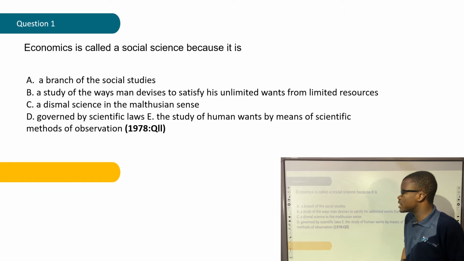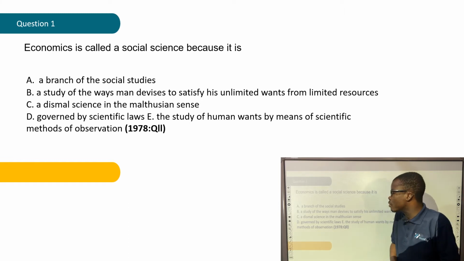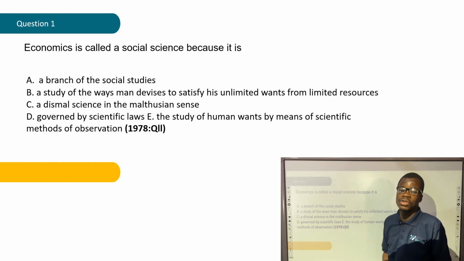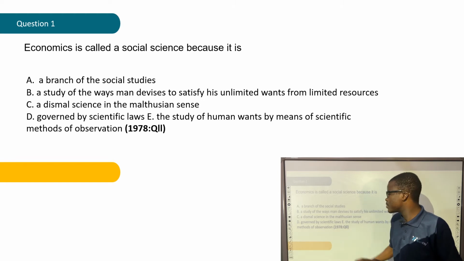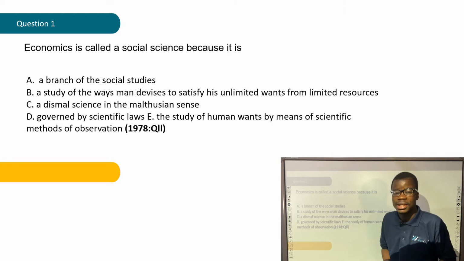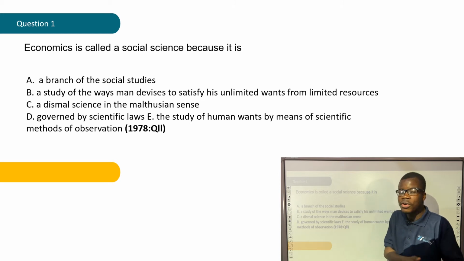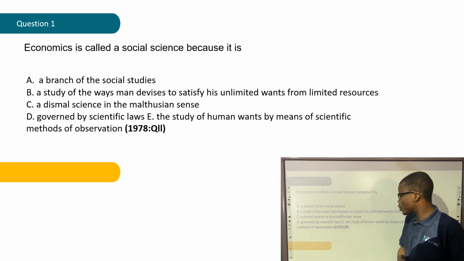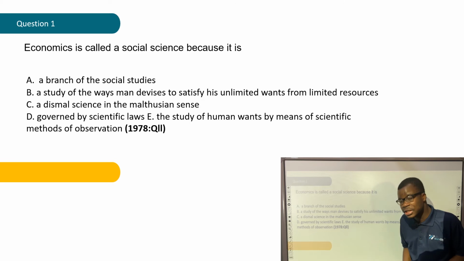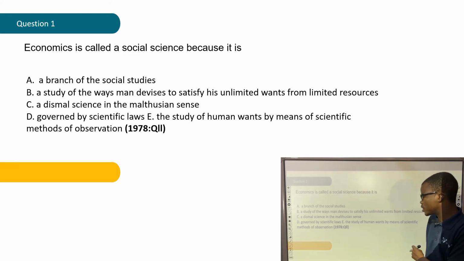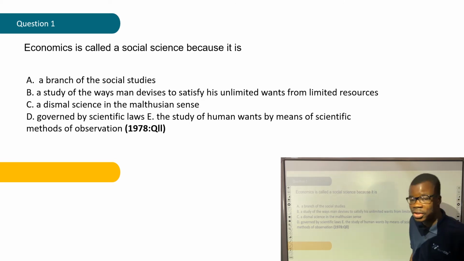Another option says it is a dismal science in the Malthusian sense, while option D says because it is governed by scientific laws. And option E says because it is the study of human wants by means of scientific methods of observation.